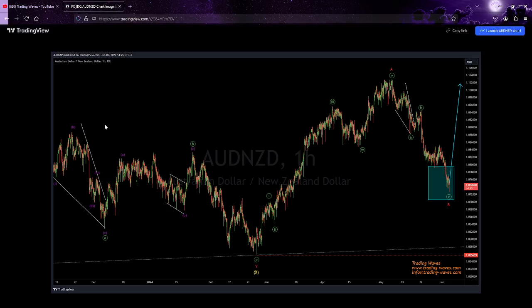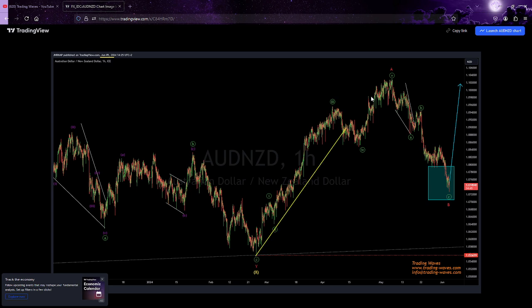Alright, so let's get to the chart of Audi New Zealand. Before I show you the real chart, I want to show you how we have been able to share it with our members. From the 5th of June, we have been calling that Audi New Zealand is going to make a move to the upside. That's how easy it is with the Elliott wave theory. We saw the 5 wave move to the upside, a trend.